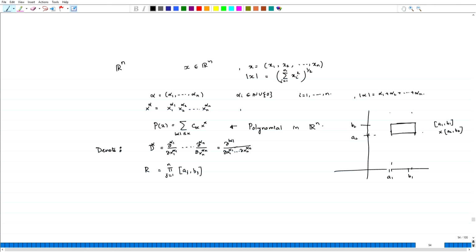And now what one would like is to get a partition to define Riemann integration.